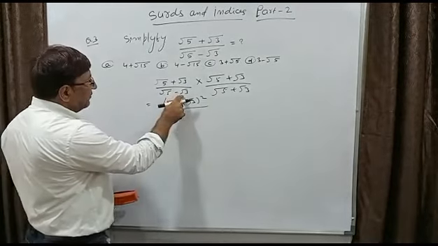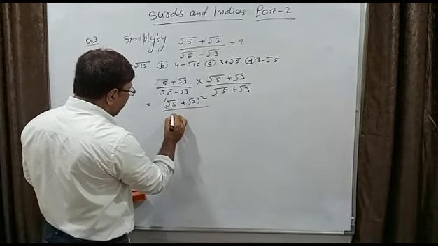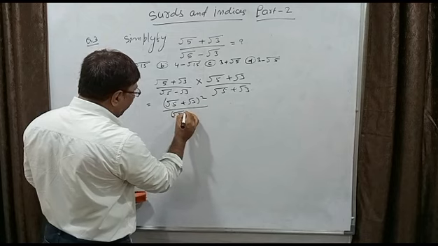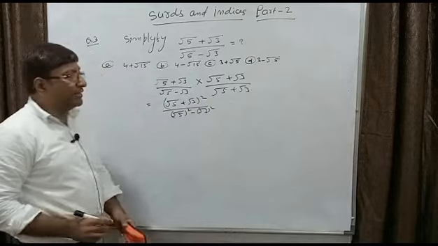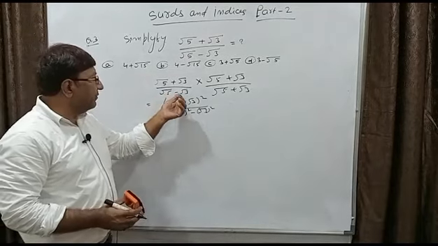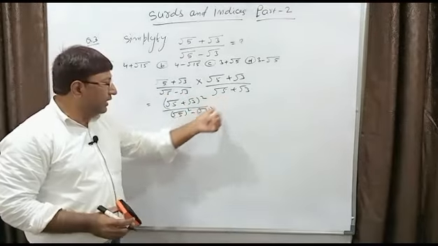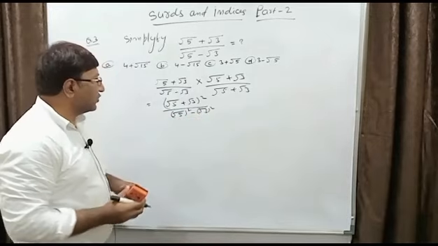This is a minus b, a plus b, so we can write a squared minus b squared, that is root 5 squared minus root 3 squared.